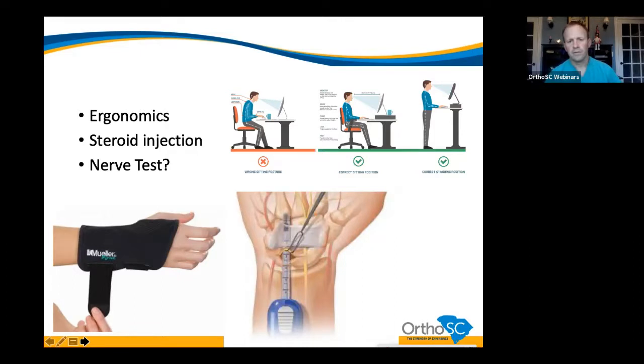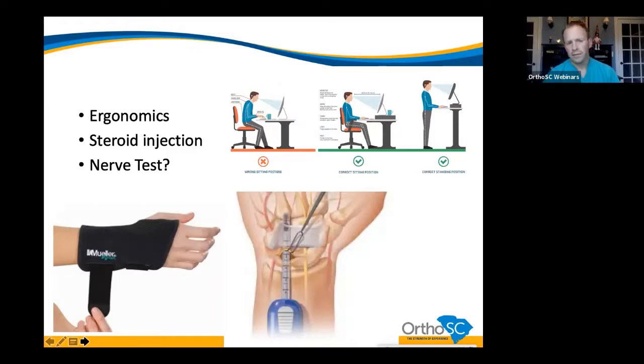So like we said, steroid injections in the wrist can help with carpal tunnel syndrome. And if they do help, that's a good sign that carpal tunnel surgery will help take care of the problem. Usually the relief is pretty dramatic with carpal tunnel surgery.